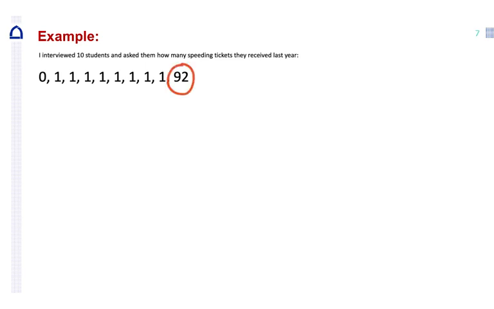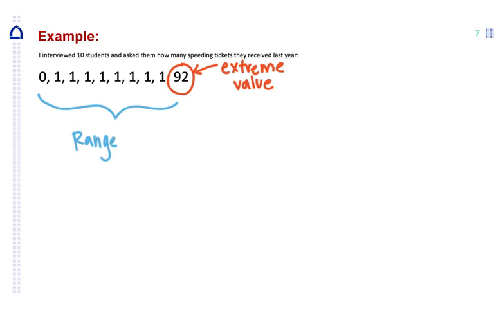And what you'll notice here is one of the students gave an answer that was much different than the rest. When you have an answer that's much higher or much lower than the rest of the data points, it's called an extreme value. So if you look here and you find the range of this data, you will see the range is the biggest minus the smallest, 92 minus 0.